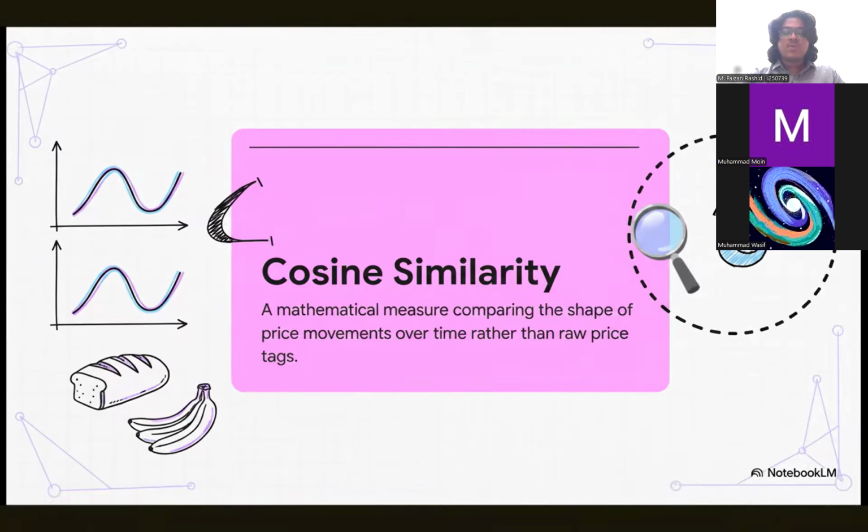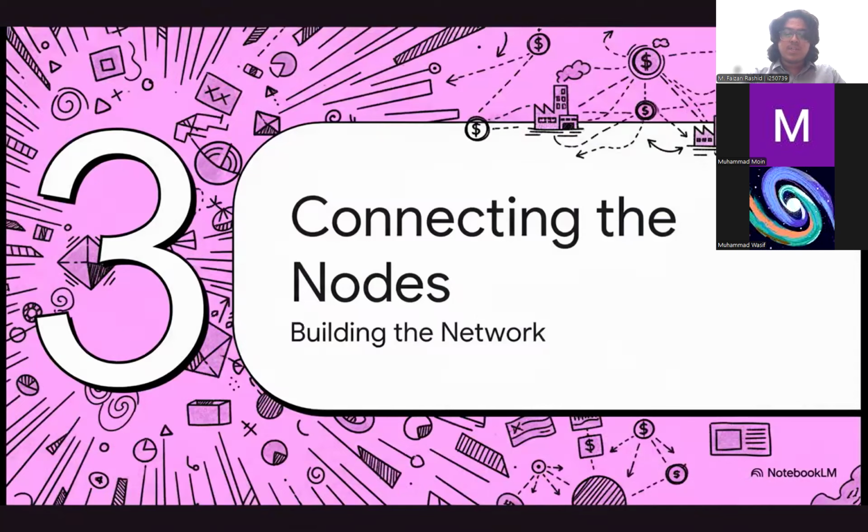Each dimension corresponds to relative price movement between consecutive months. This step is critical because it allows us to compare items based on their price trends independent of their scale. By applying these techniques, we formed the foundation of our similarity computation and subsequent network construction.